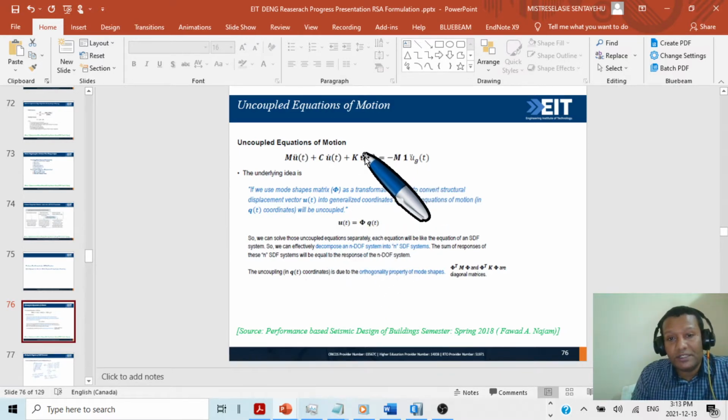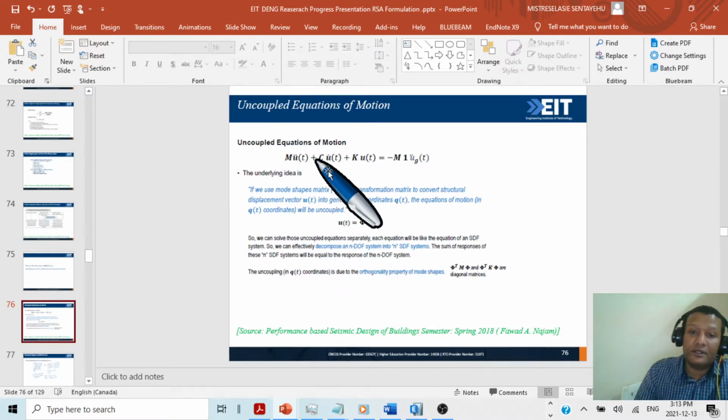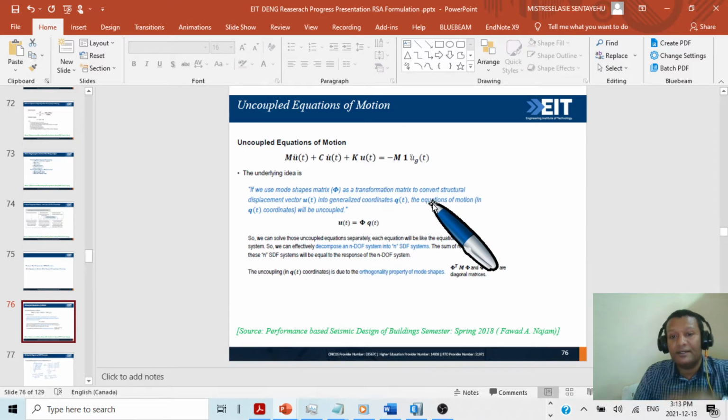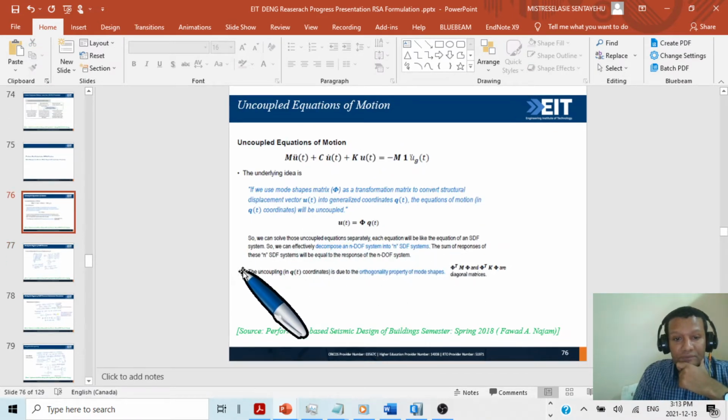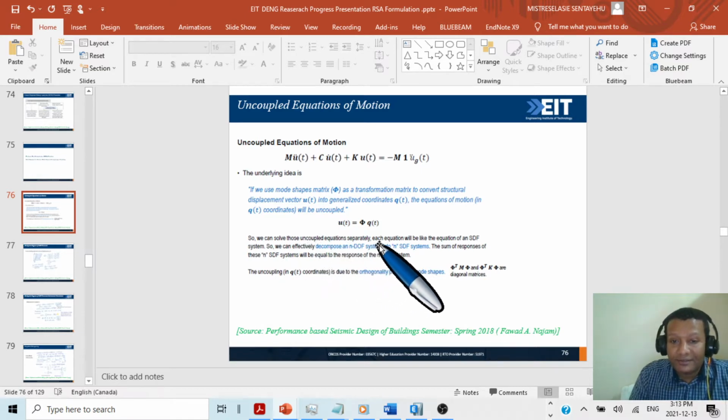So once we find q(t), we will multiply it with phi to change it back to the u coordinate, then we will find the solution. So this is the transformation equation we are going to use. So we can solve the uncoupled equations separately.